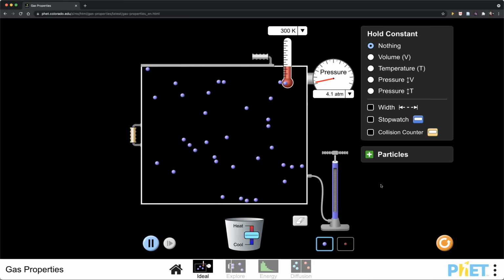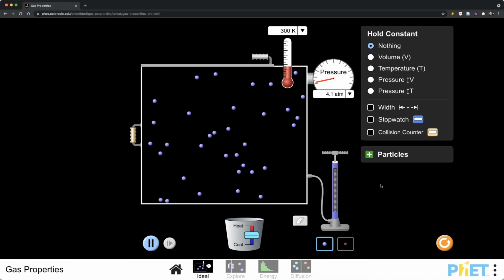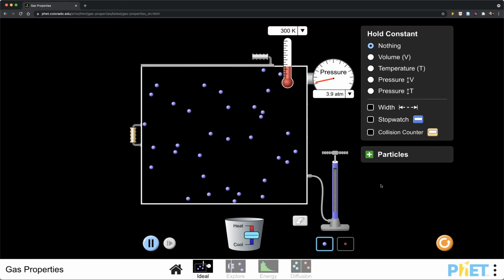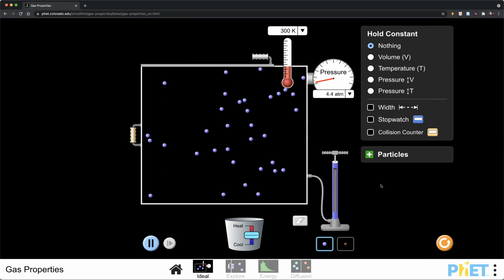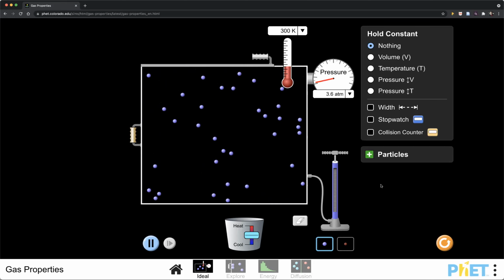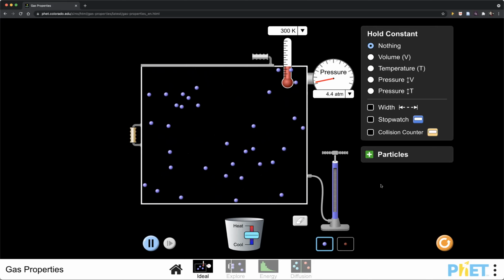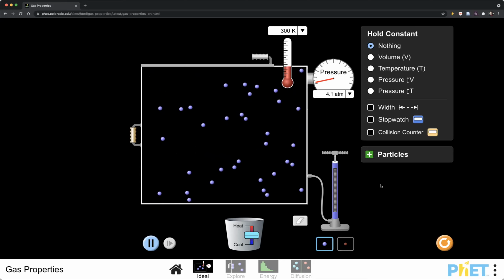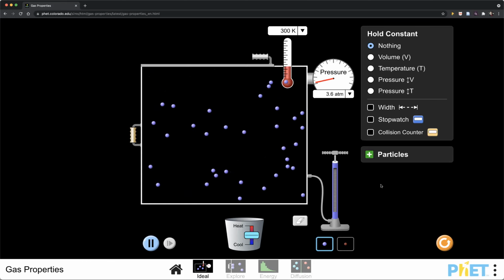So let me just summarize the key points to this. The very first one was that gases will spread out to fill whatever container is available to them. Gas molecules move in a straight line until they encounter an object. And when they do so, their trajectory changes. When they do encounter an object, they apply pressure, thereby transferring some of their energy to that object.